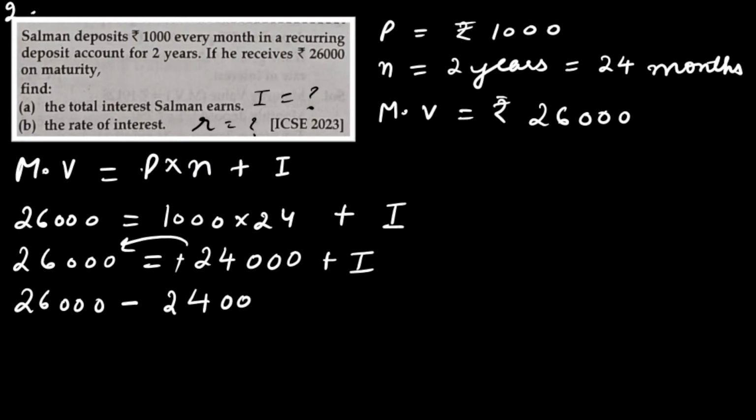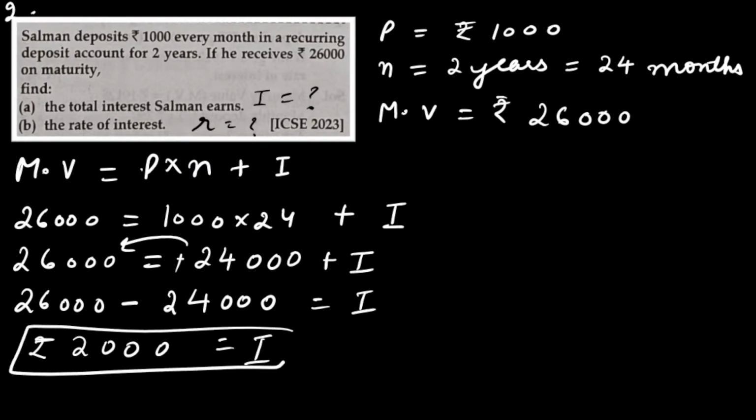So 26,000 minus 24,000 is equals to I. When we subtract, we'll get the answer as 2,000. Yes, so Nikita has given the answer. So interest is equals to 2,000. So total interest earned by him is 2,000. Let's find now R.